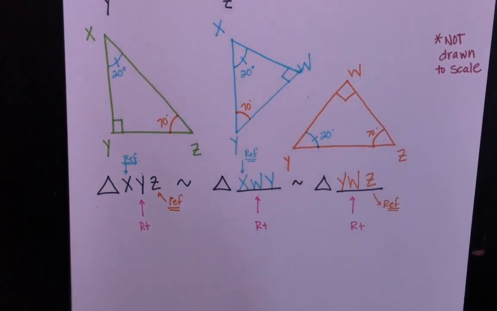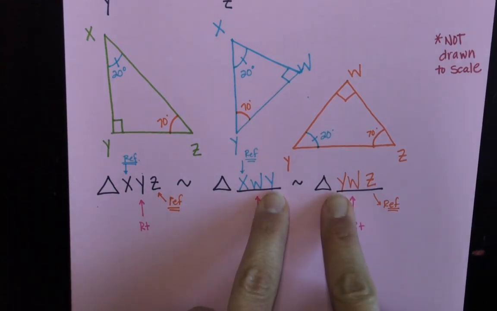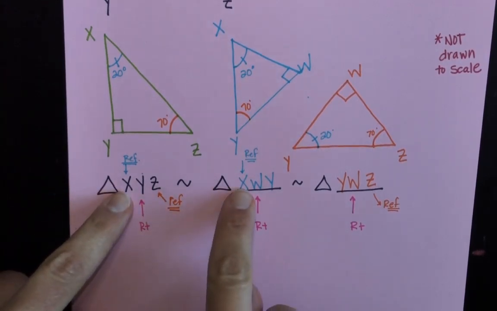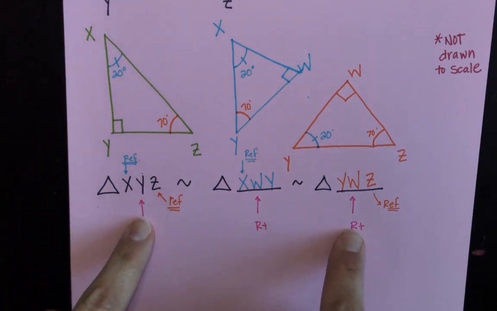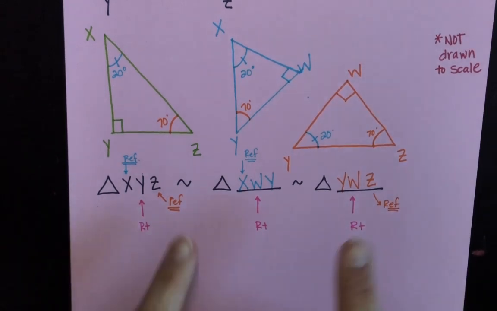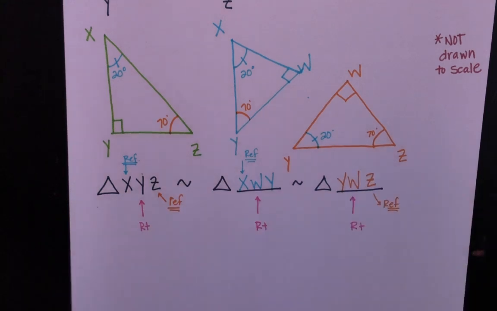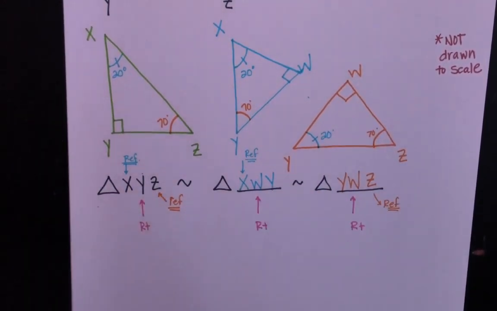So at that point, the only thing left to do is place that other acute angle in the other position. So if X was first, X has to be first here. Wherever the right angles were, they have to be in the same position, whether it's in this case second, and our other triangle has to have the other reflexive in the same spot. So these are just different ways to make sure that our triangles are associated in their name, this similarity statement, the way it's supposed to be.